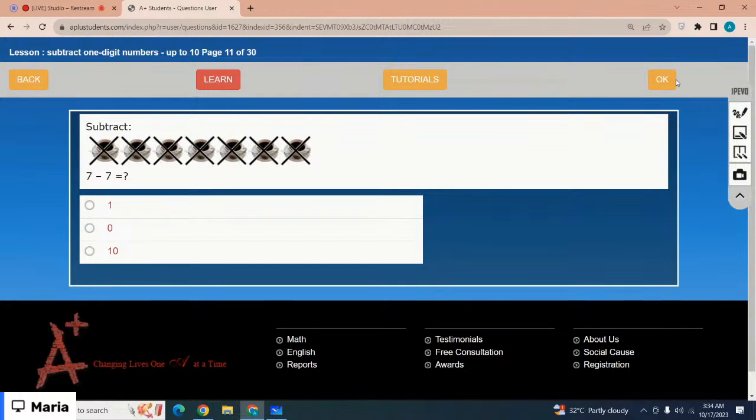So which is the correct option? You don't have anything that is not crossed, right? So 7 take away 7 is 0. The correct option is 0.